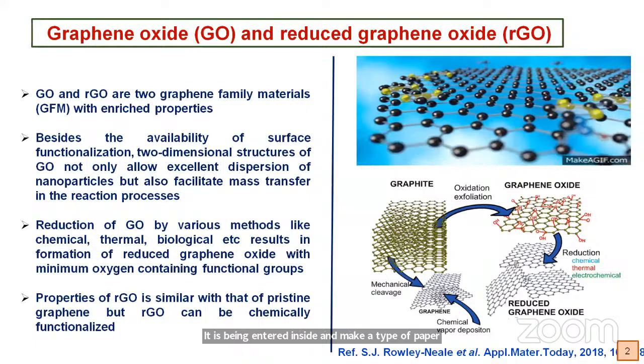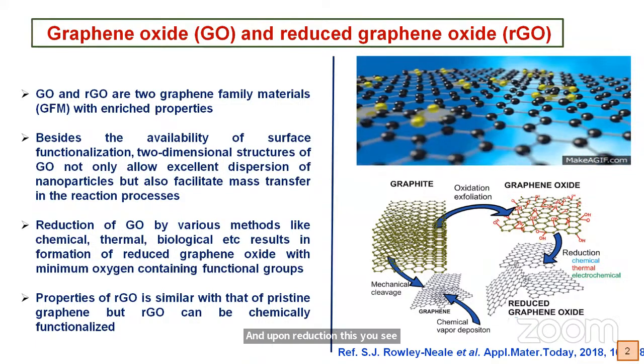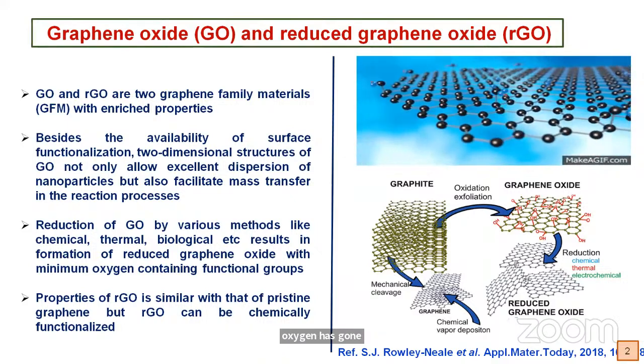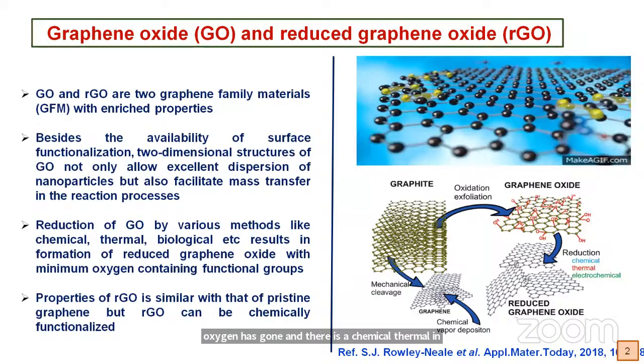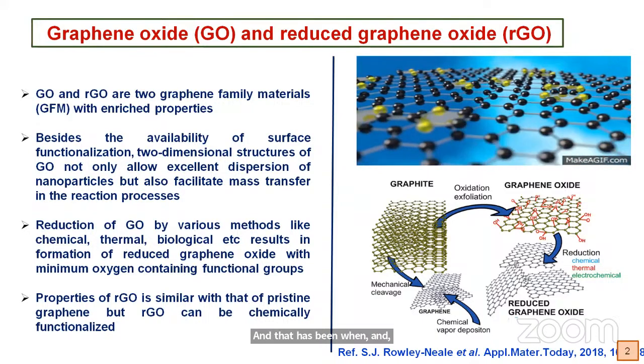And upon reduction, the oxygen has gone, and through chemical, thermal and electrochemical reactions, when graphene oxide is reduced, it gives us graphene.